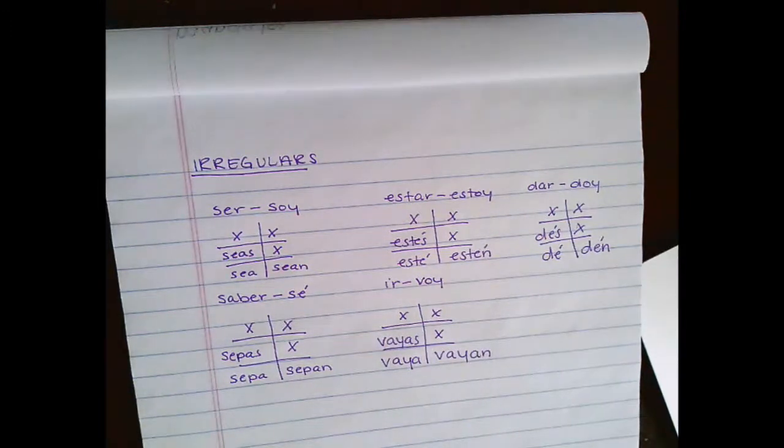Again, the reason why these are irregular is because they cannot follow the rules that we have outlined before. They do not take off their O because there's no O to take off. So their stem looks a little bit different, yet they do still follow the pattern of opposite endings.